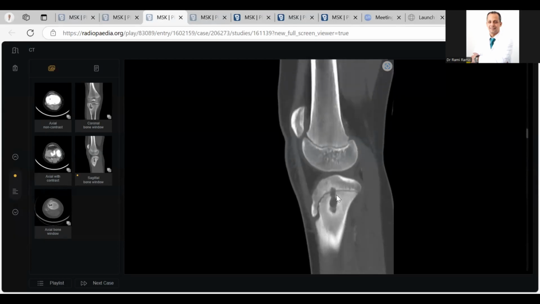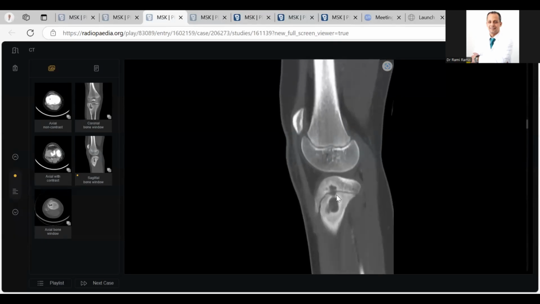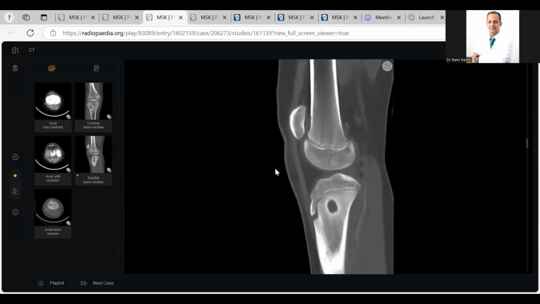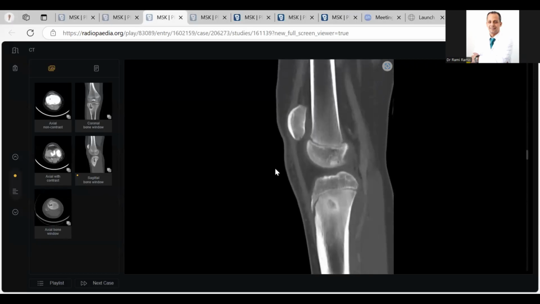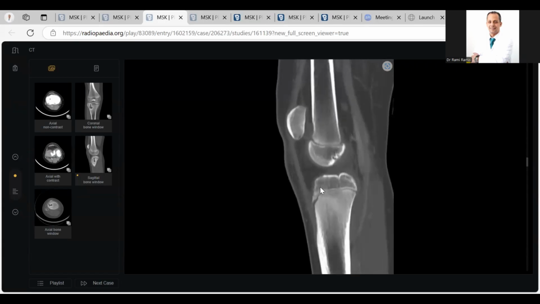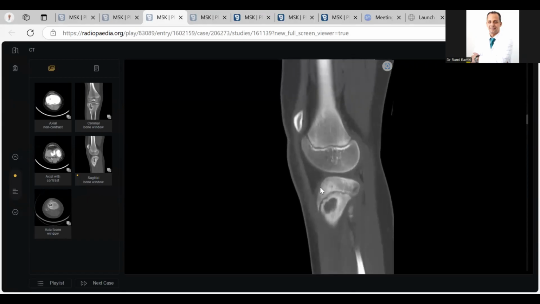If any colleague knows another lesion that crosses the epiphyseal plate of cartilage, please tell me. For me, I don't know. I didn't hear about any other lesion. So you did very well. You asked about the clinical, the past history of fever, the old images. All of this is very good.